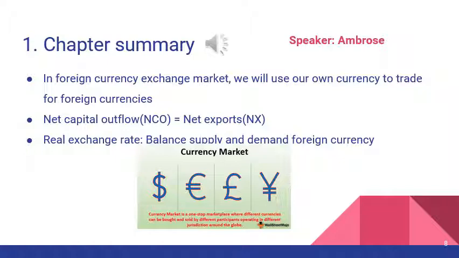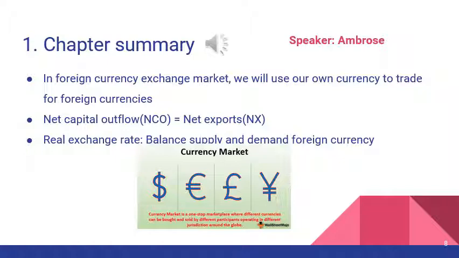In another way, net capital outflow can be written as an equation which equals capital outflow minus capital inflow. It means the amount that you buy from foreign assets minus the domestic assets that you sell.